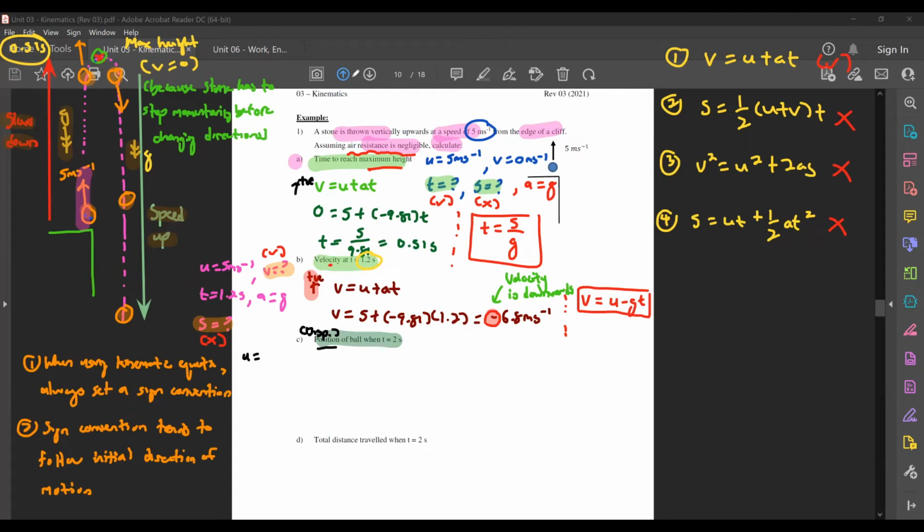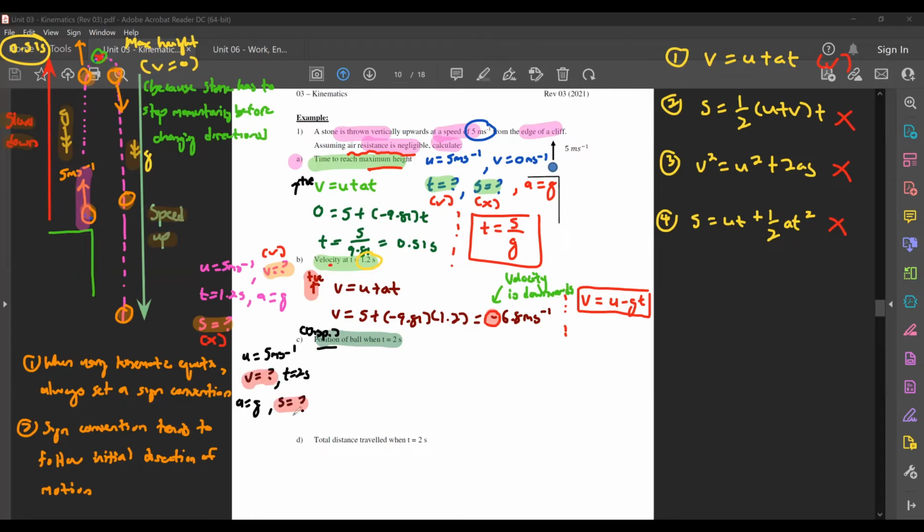Okay. So in your case, you know u is 5 meters per second. v is unknown. t is known at 2 seconds. a is obviously still g. And then in your case here, your displacement is again unknown. So there are two unknowns here, the velocity and displacement.